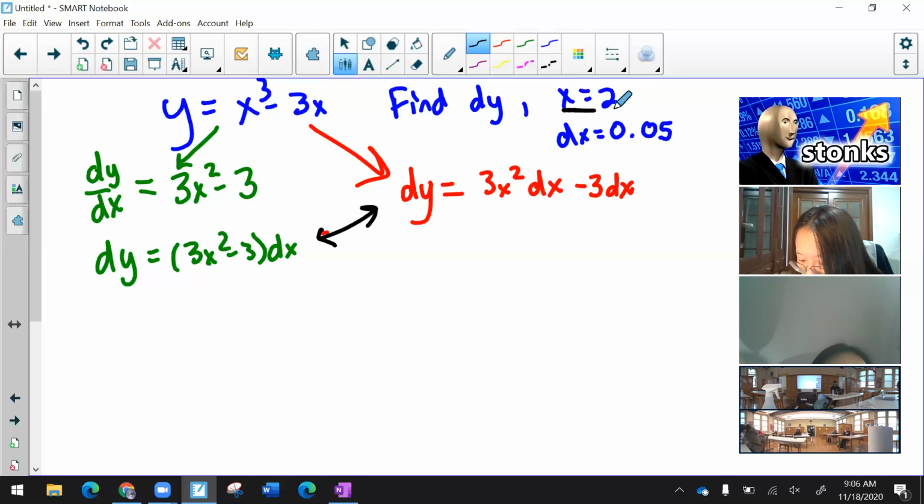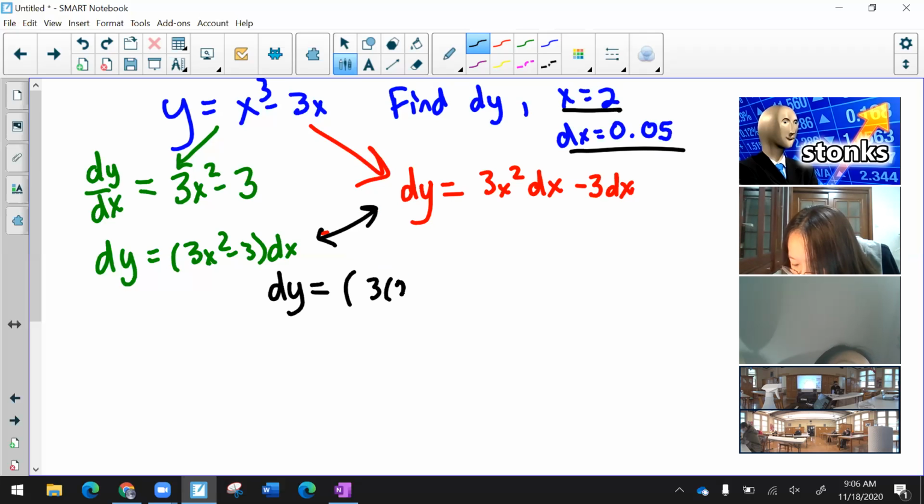So we know what part of the curve we want to look at this change at, that's x equals 2. And we know how much we want to move away from x equals 2, and that's dx equal to 0.05. So my dy, my change in y near x, when I take this very small change in x of 0.05, I can calculate what that's going to be. And I'm going to take the green equation just because it's fewer steps.